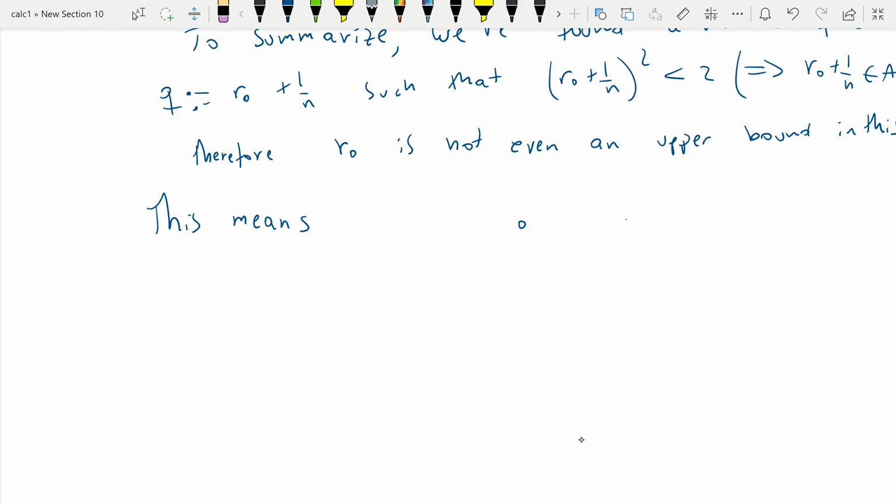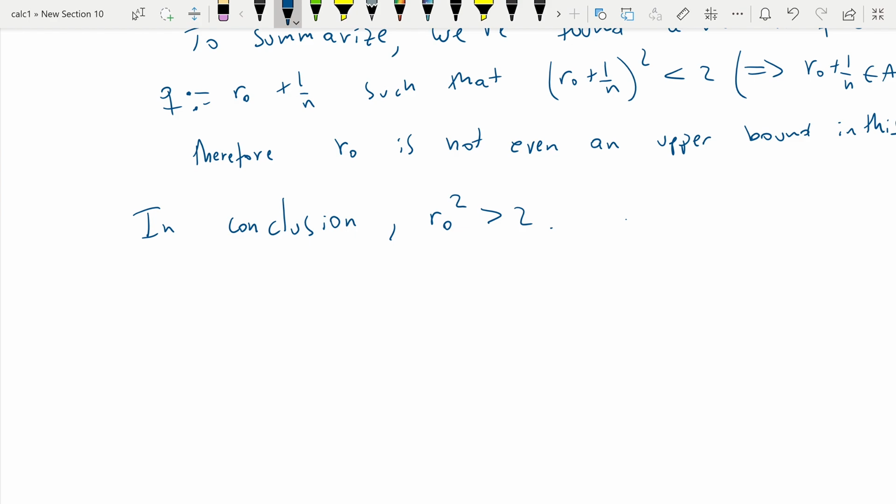Okay, let's put that even better. So in conclusion, remember that r naught squared cannot be equal to 2 because r naught is assumed to be in Q. And that's the starting point of the real analysis of this course.